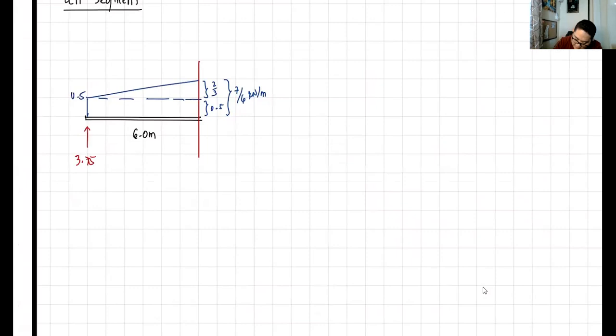Okay? So, yung ECL natin will be yung sa rectangular, that will be 0.5 times yung 6 or 3.0 kilonewton. And then para doon sa triangular, we have 1/2, then 2/3 times 6.